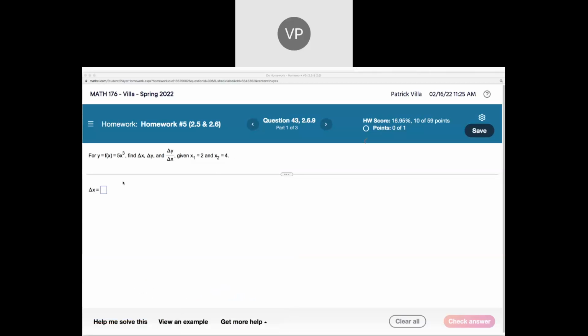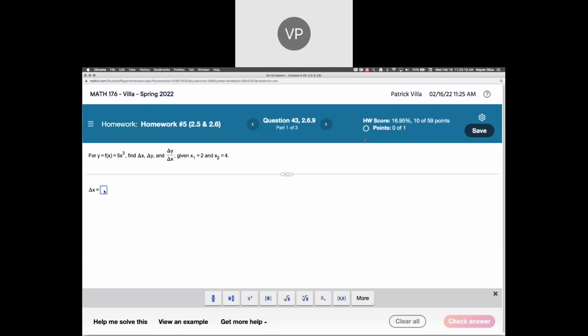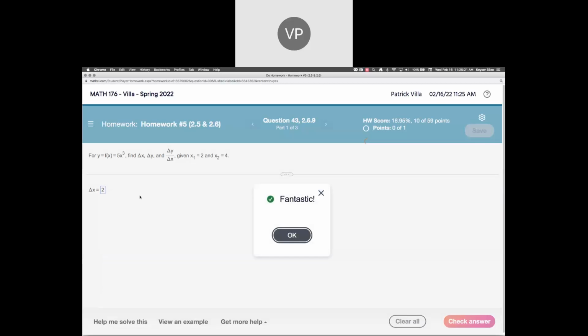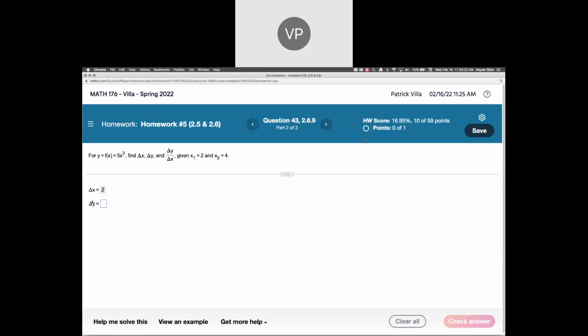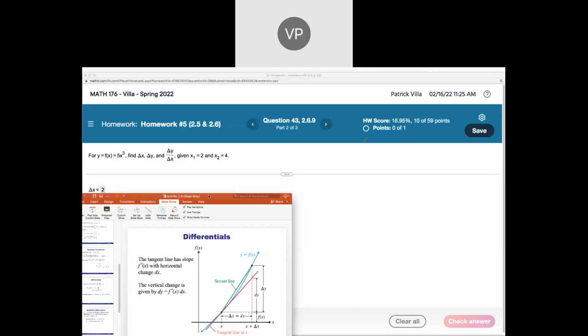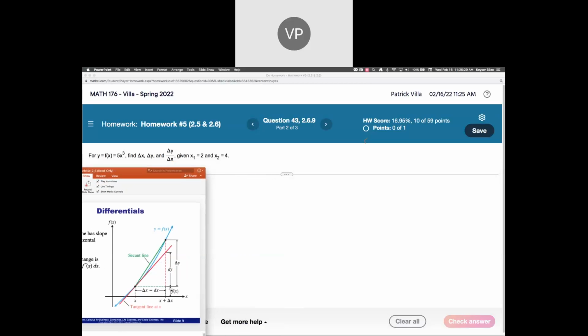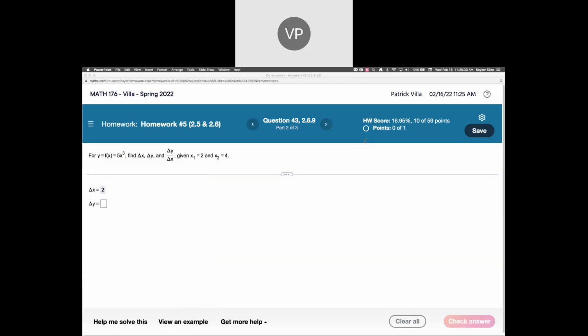So you take these two values, x2 minus x1, 4 minus 2, and you get your 2. Now, the other part is delta y. Remember, delta y is the actual change of your y values. So delta y equals the change in the two y values.